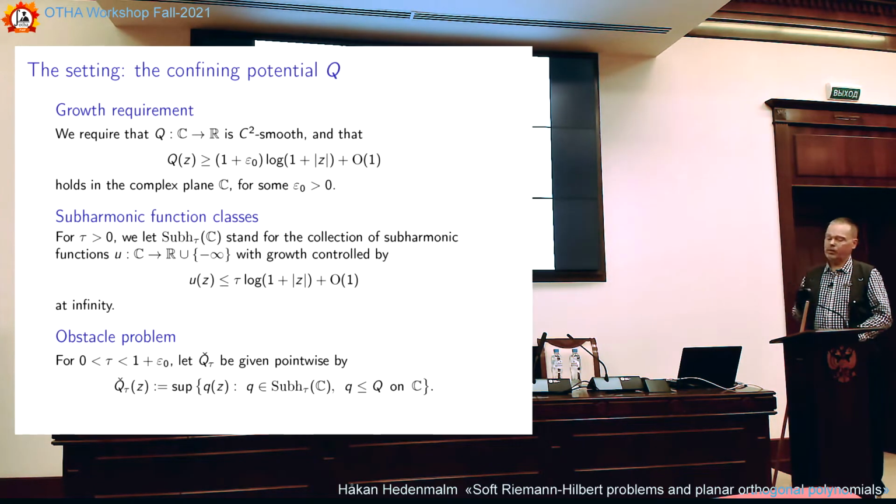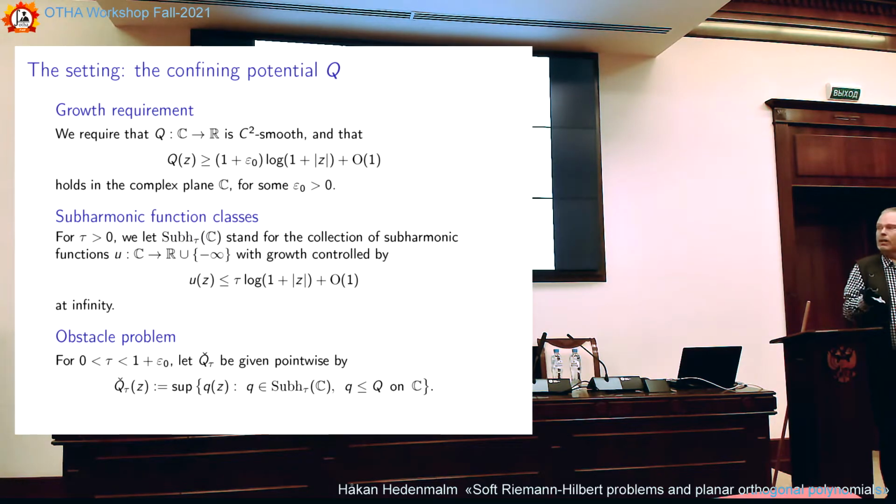And we come to this problem which I call the obstacle problem. It's a well-studied object; obstacle problems have been studied for a long time. This particular one is very close to classical ones. We study subharmonic functions that come from below and reach up to the given obstacle, but we have some requirement on the subharmonic function: it cannot grow too quickly at infinity.